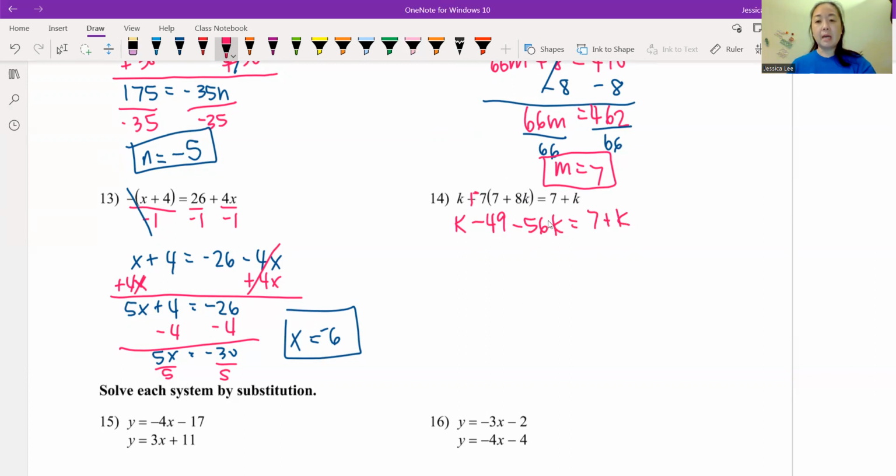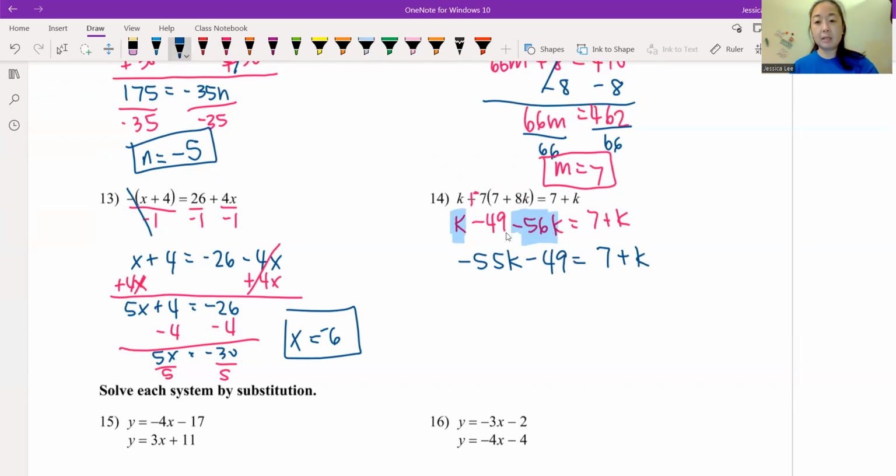Now I notice over here I have like terms, and I want to put those terms together because they're on the same side. So I'm just going to rewrite this. This is going to be -55k minus 49 is equal to 7 plus k.